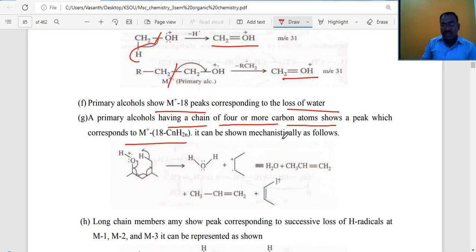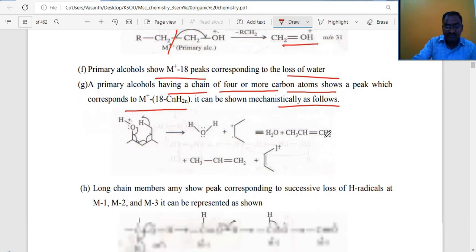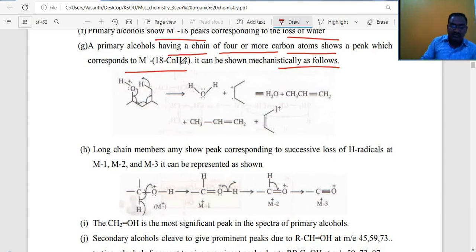It can be shown mechanistically as follows. This is the alcohol; on breaking of this bond, on cleavage, what we get is H2O. This is plus, this is minus.